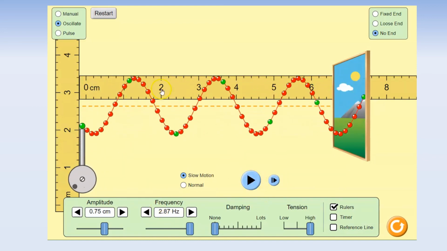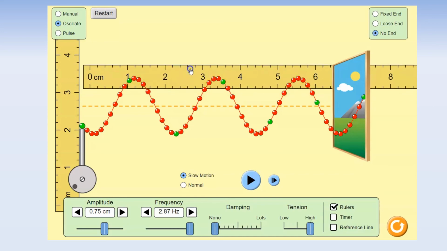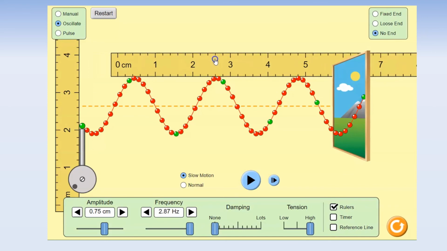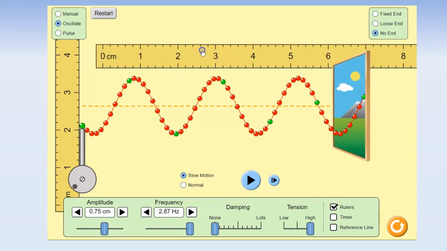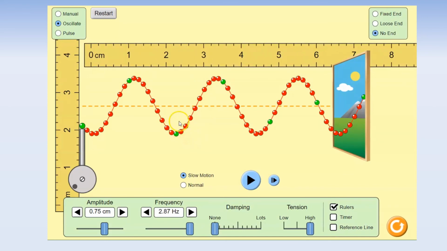And notice here when I pause it that the wavelength has been reduced from about 7 centimeters to about 2 centimeters, the distance between these two crests here. So you can see that there is an inverse relationship between the wavelength of the wave and the frequency of the wave. As the frequency increases, the wavelength decreases.